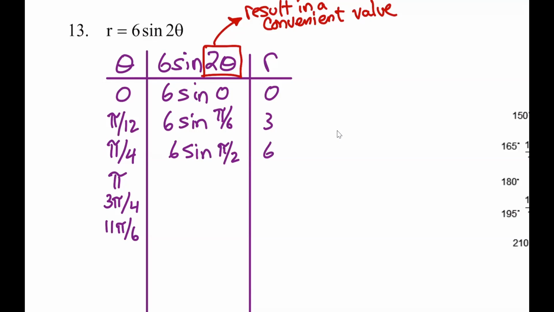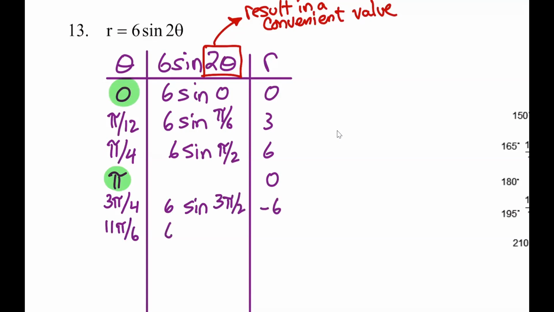Pi, anything on the x-axis, like we talked about before, whether it's 0, pi, 2 pi, any multiple of pi is going to end up being a result of 0 in this case. All right, so I don't have to do the work there. 6 sine double 3 pi over 4 is 3 pi over 2, so negative 6.